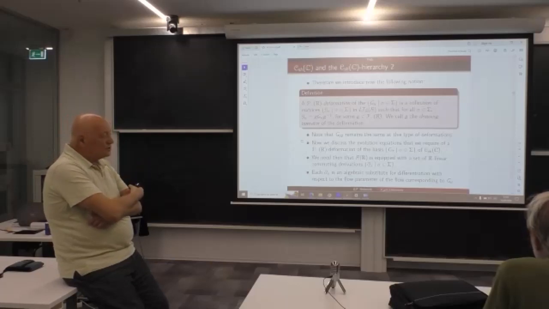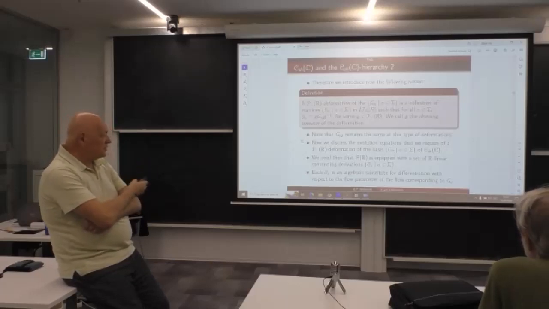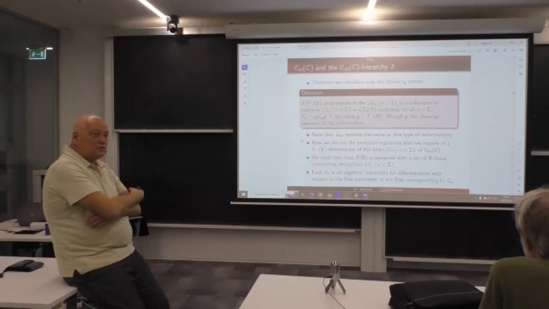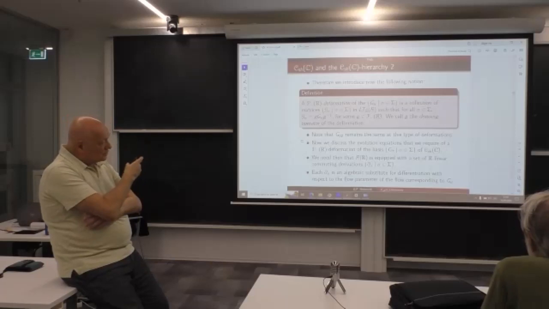And partial sigma is an algebraic substitute for differentiation with respect to the flow parameter corresponding to this real algebra G sigma.